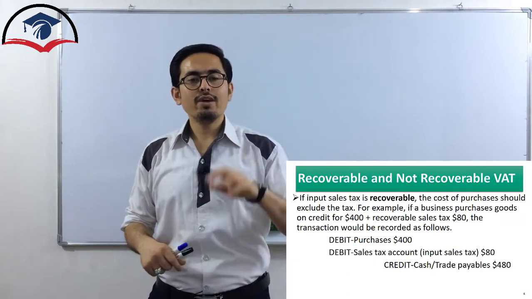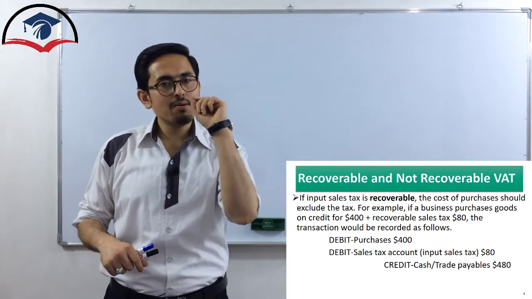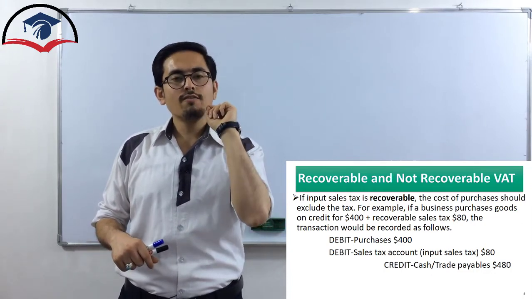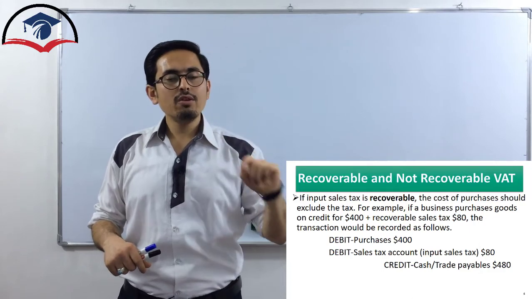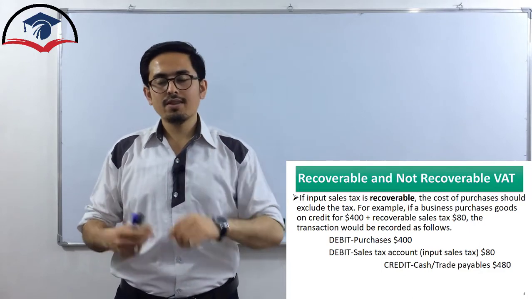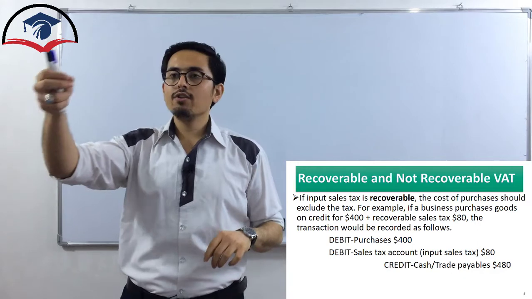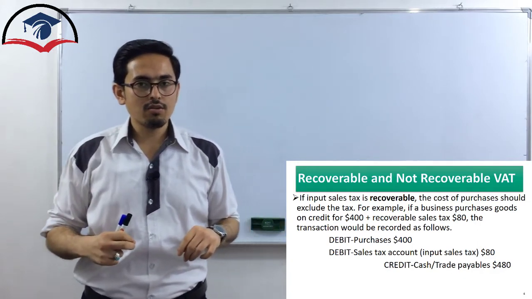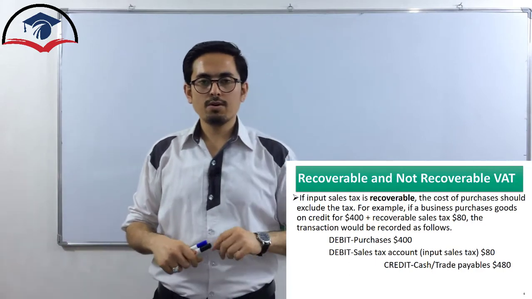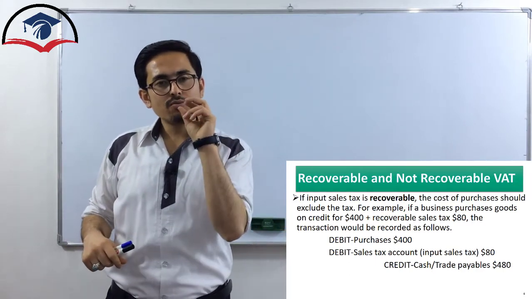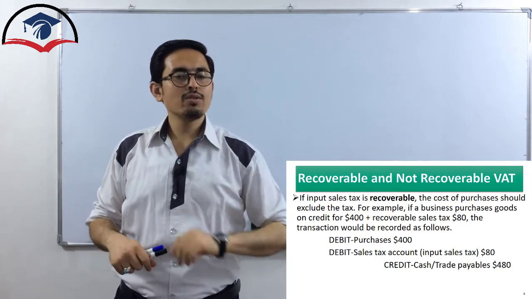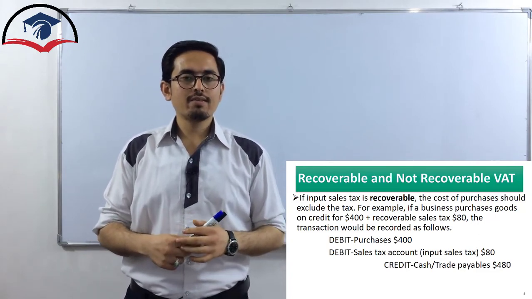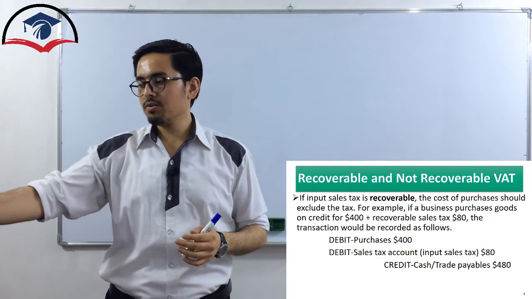It means whenever you record that, you debit the purchases with the net value of $400. The value added tax will also be debited as the amount you have paid and want to recover back as a receivable from the tax authorities. So the price will be the net amount, and the total amount you need to pay includes both the tax amount and the net amount.